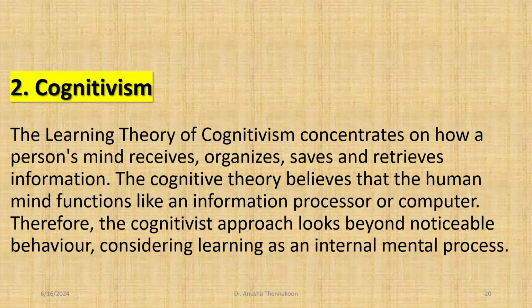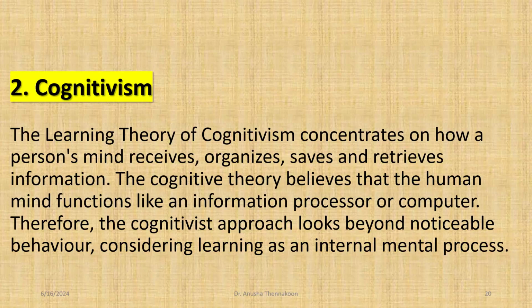The cognitive theory believes that the human mind functions like an information processor or computer. So under cognitivism, we can see our brain is functioning like an information processor or computer. Actually, our brain is more complex than the function of a computer.